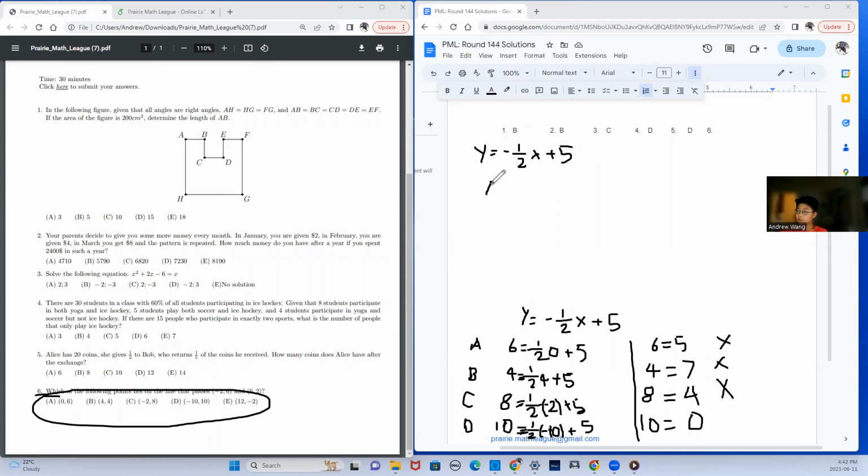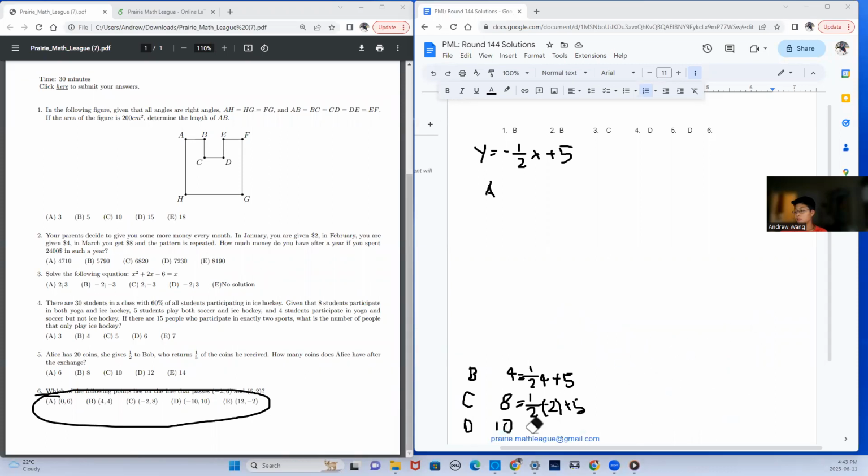So let's look at A again first, which is the point 0, 6. Okay, I apologize for that. So for 0, 6, we put 6 equals -half of 0 plus 5.